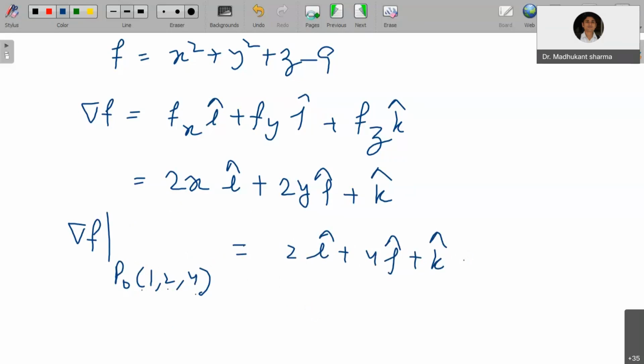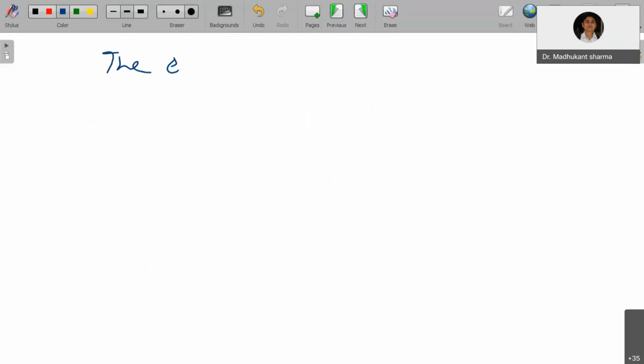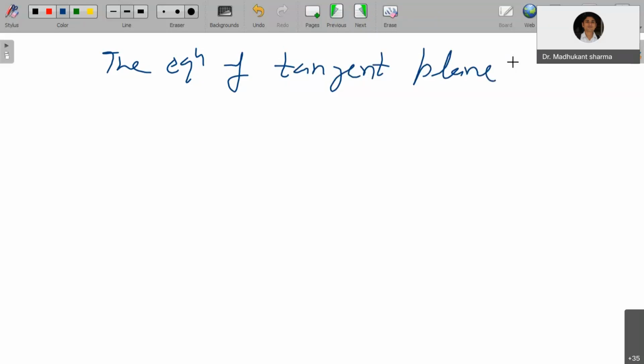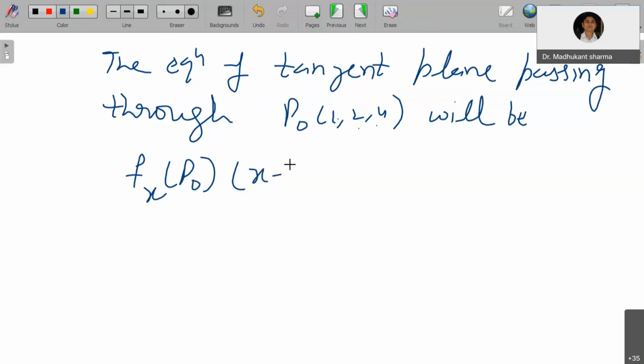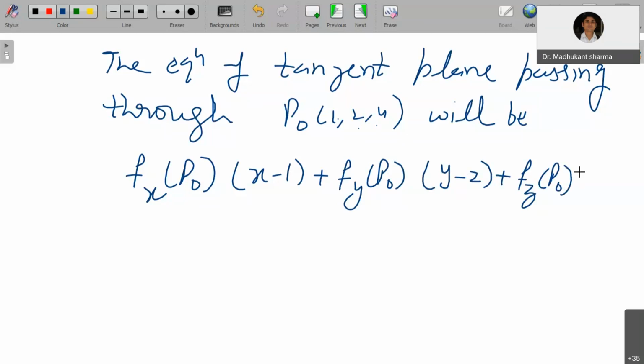Now the equation of the tangent plane passing through P₀, that is (1, 2, 4), (x₀, y₀, z₀), will be fx at P₀ times (x − x₀), that is 1, plus fy at P₀ times (y − y₀), that is 2, plus fz at P₀ times (z − z₀), that is 4, equals 0.